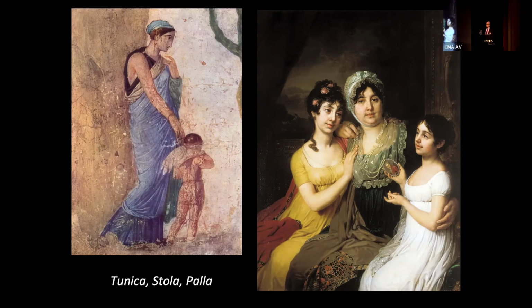And then, confusingly for modern speakers of English, what was called a stola, which is not a stole. The stola referred to the sort of nicer overdress that you put on. And then the wrap that went around it was referred to as a palla.